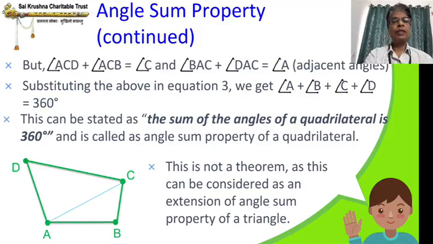We proved it using the exterior angle and collinear property of the linear pair axiom, and we are just extending that to a quadrilateral. That's why it is not mentioned as a theorem or an axiom. This page is also important, so pause the video, note it down and then go to the next page.